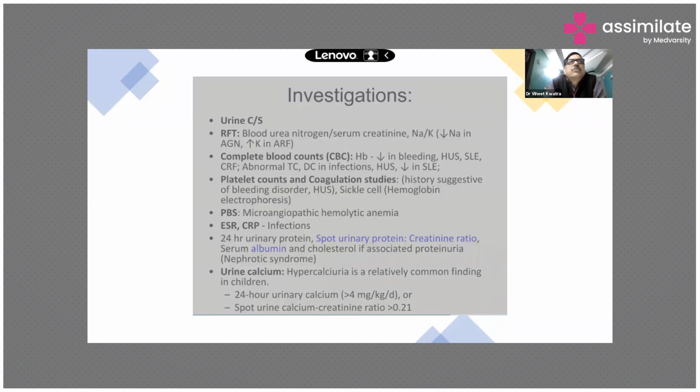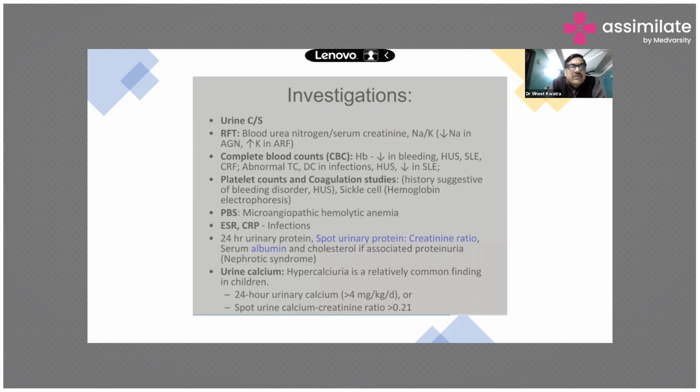CBC: if the hemoglobin is going down, and if you're finding signs of hemolysis in the peripheral smear, then you should think about sickle cell disease or any hemolytic diseases, HUS, SLE, and go ahead with the PT, PTTs, and see if the child is landing up in DIC because of some long-term infections.